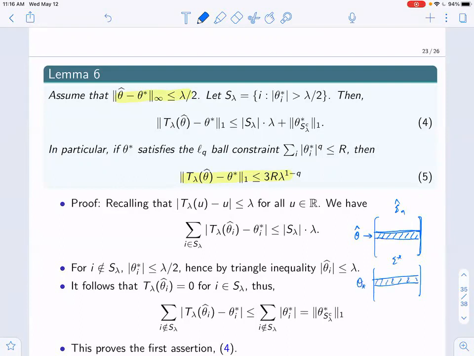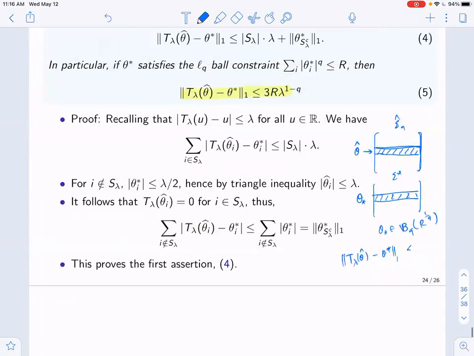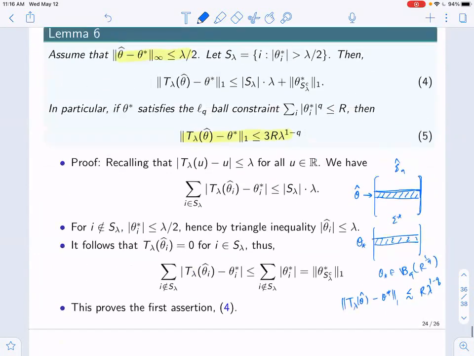So I know that theta star here belongs to that LQ ball with radius R. And then if I threshold this row minus theta star, the L1 norm is controlled like that. So this result can be applied to each row.